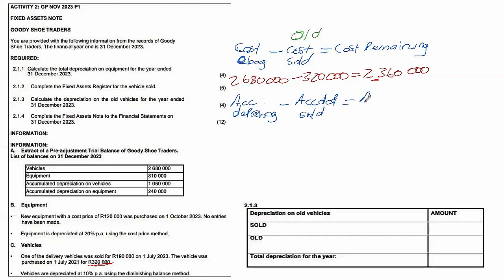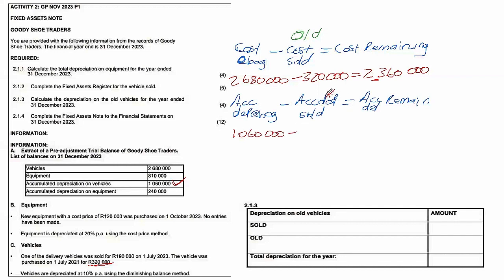Therefore, you will get accumulated depreciation remaining. So our accumulated depreciation at the beginning for vehicles was 1,060,000. You subtract accumulated depreciation sold.